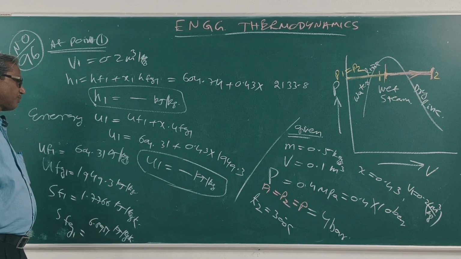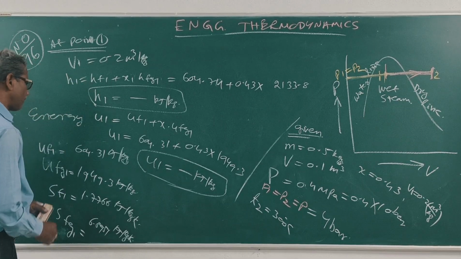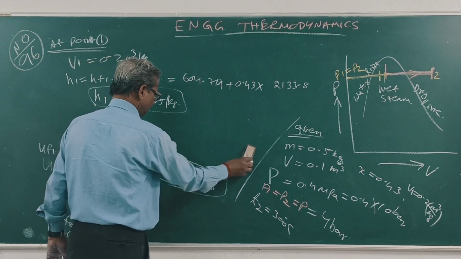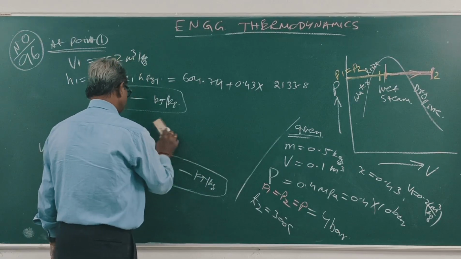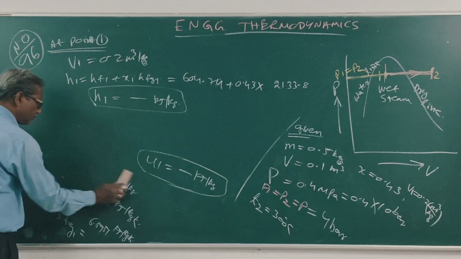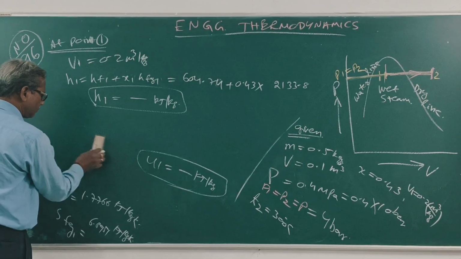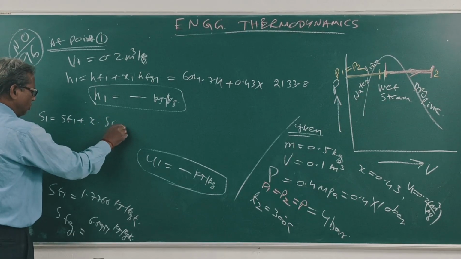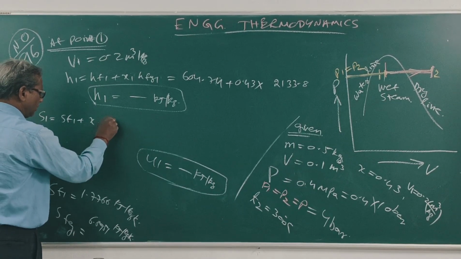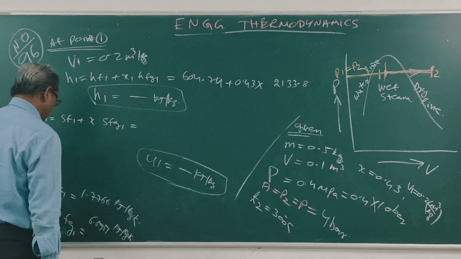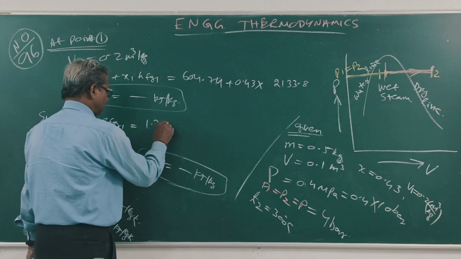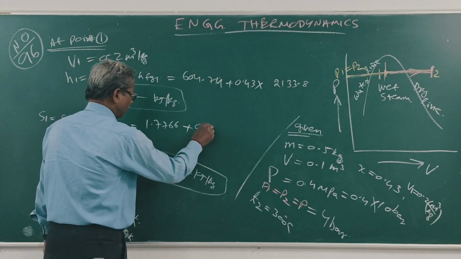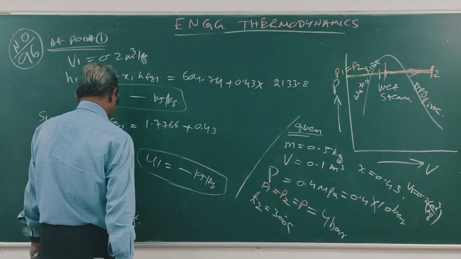Next, S1. So S1 is equal to SF1 plus X into SFG. What is SF1? 1.7766 plus X. What is X? 0.43 into SFG.